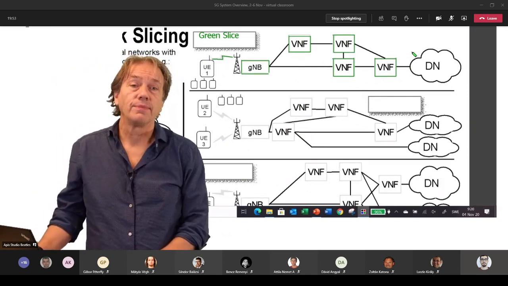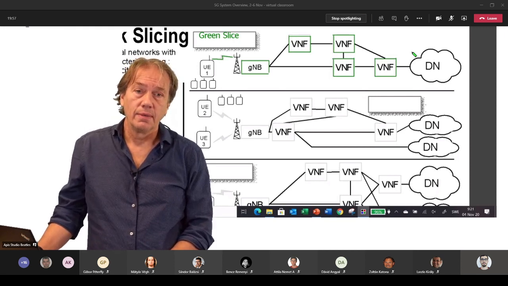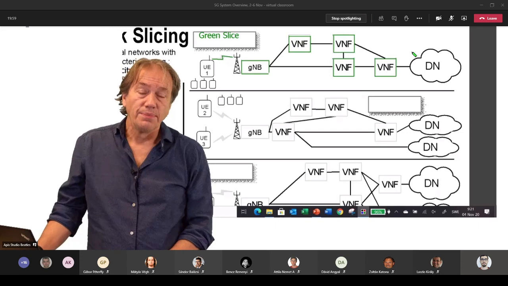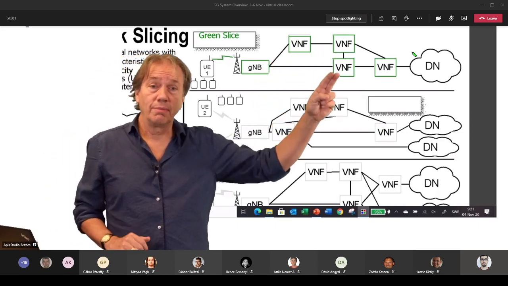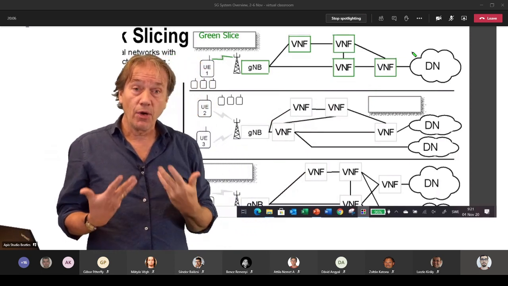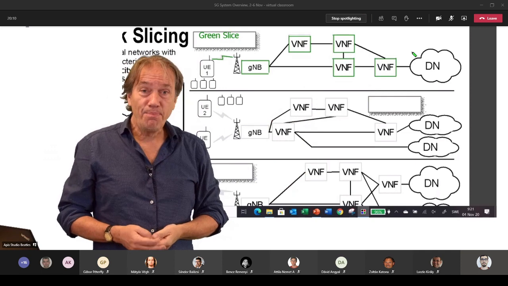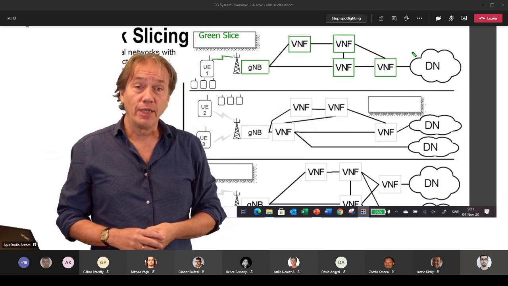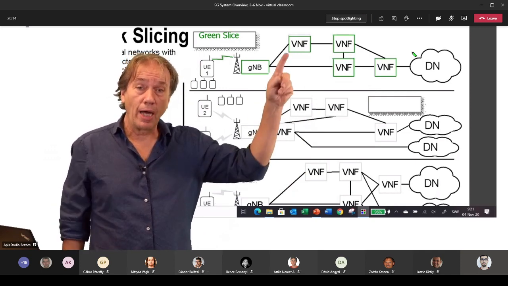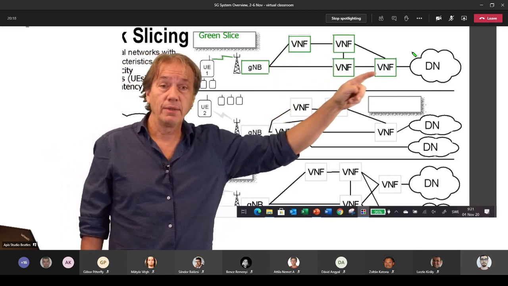Like that. And here it just says VNF, VNF, VNF, VNF, because they are all virtualized network functions. Maybe with a bit of imagination, we can figure out what type of VNF this is and what type of VNF this is, and those ones.